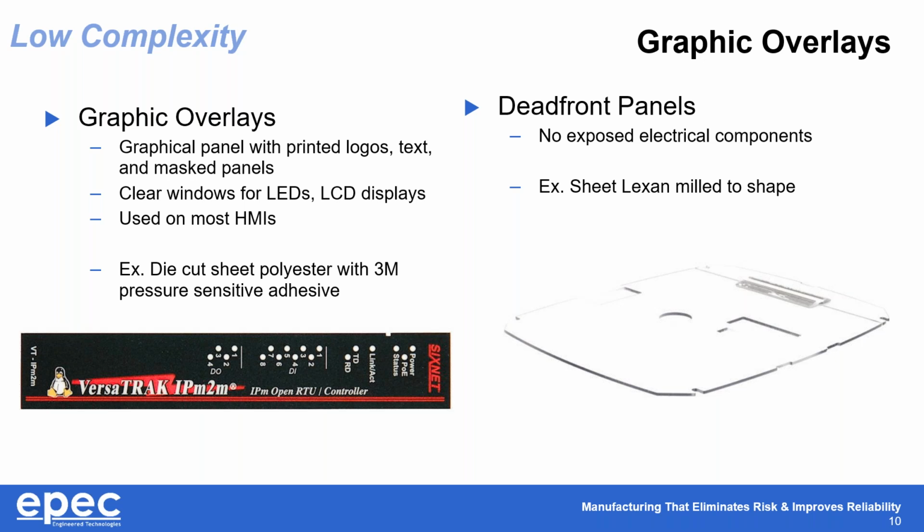On the front, they're typically a hard-coated plastic sticker, if you will, made of either polyester or polycarbonate, but they're screen printed and sometimes have different holes and other features that allow light to pass through. But these low complexity items are very simple for us to reproduce. We just need a little bit of information from our customers to go help reproduce these types of items.